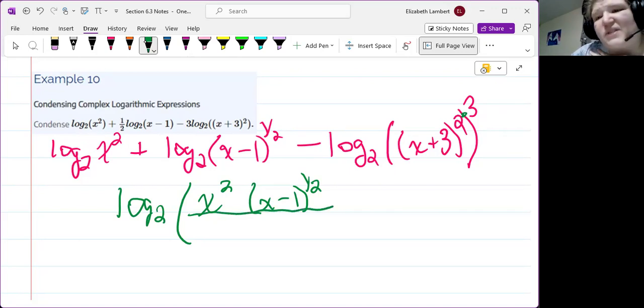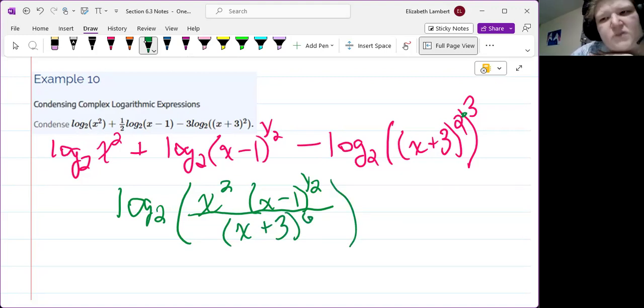And honestly, for calculus, you'd rather have the 1/2 power. And then on the bottom, x plus 3 to the 6th. Do not multiply that out. I know you guys can, don't waste your time. That is perfectly acceptable as an answer. We have done as asked. They said condense. That's 1 log, done.